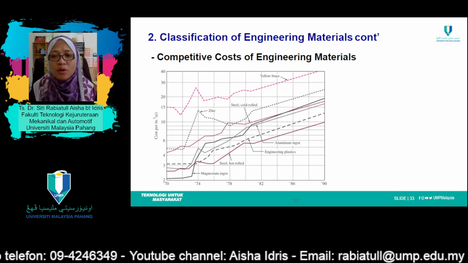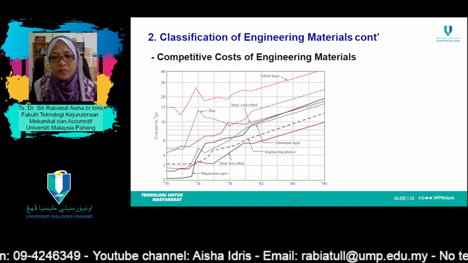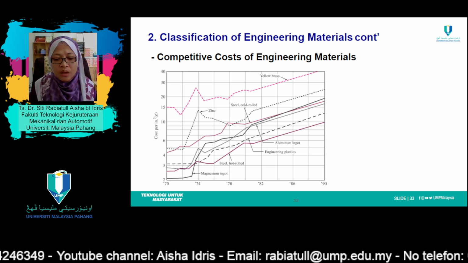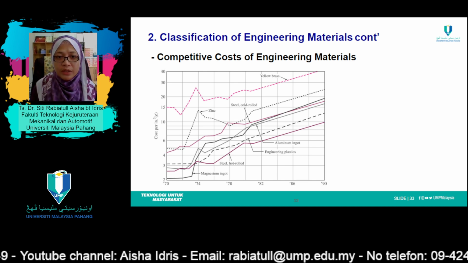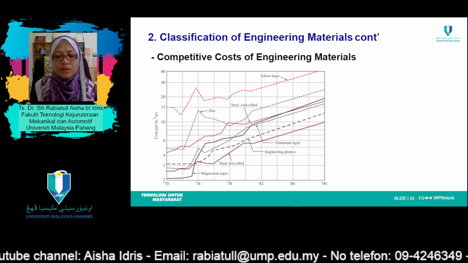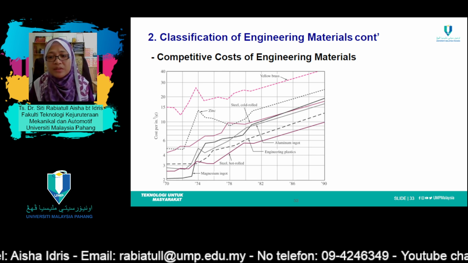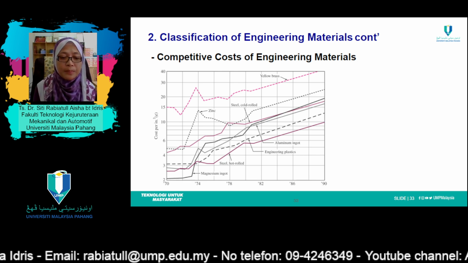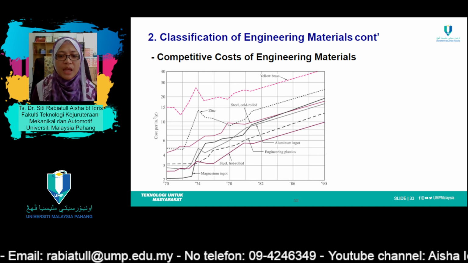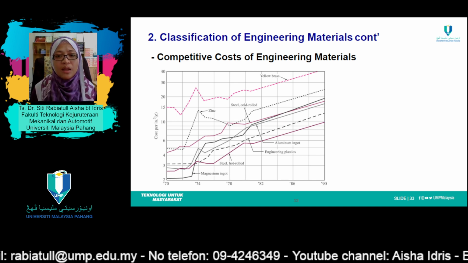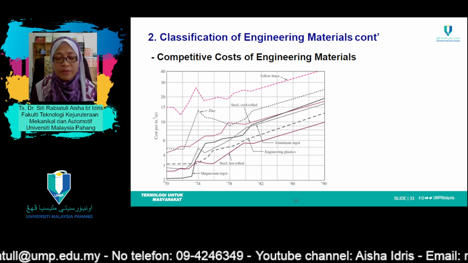In terms of cost, even though different types of materials have different types of cost, the process method for that materials may also affect the total cost of that materials.